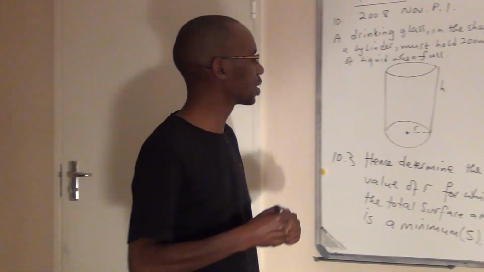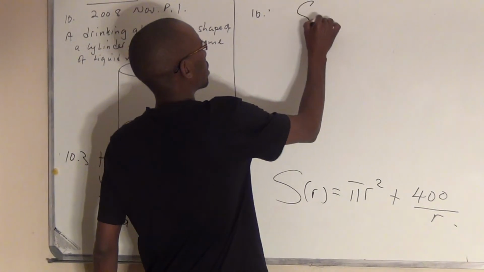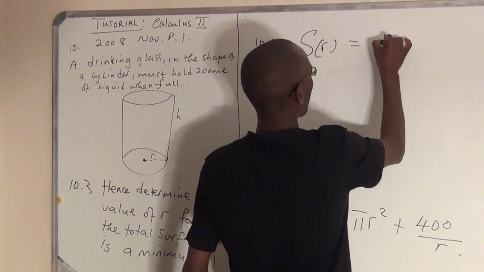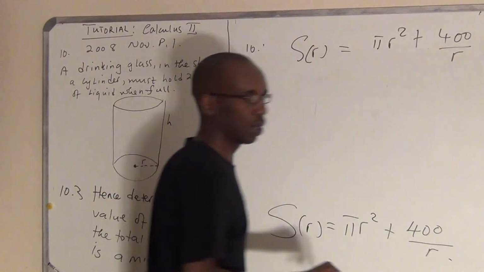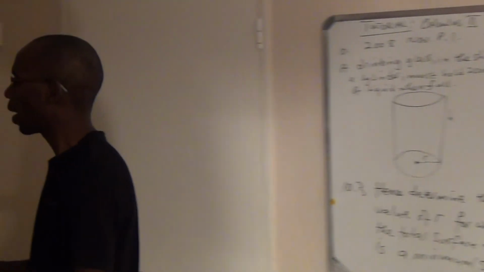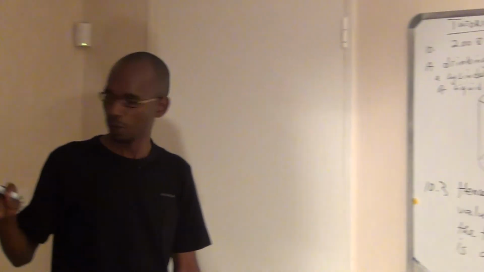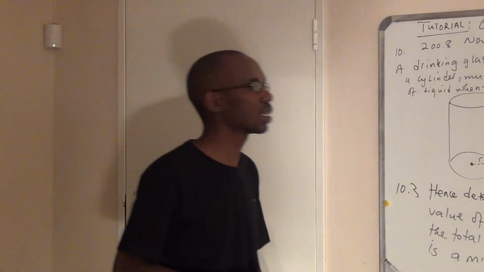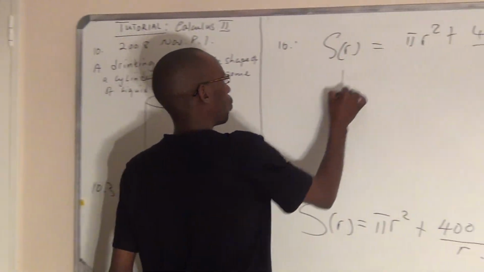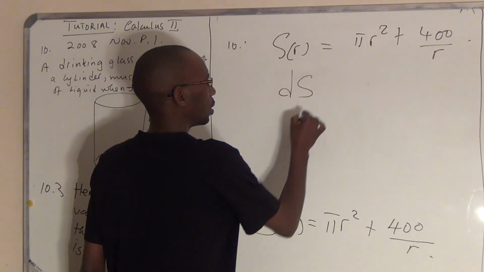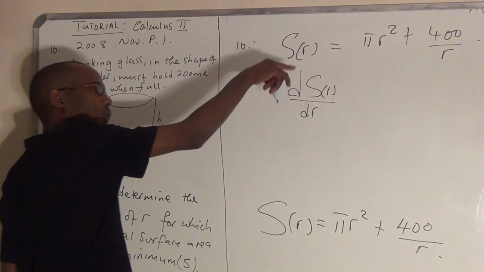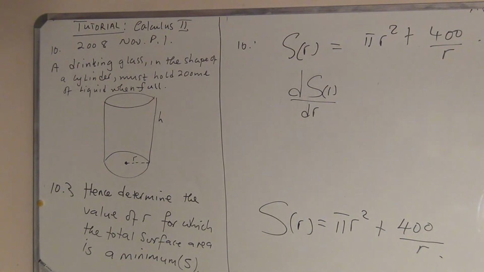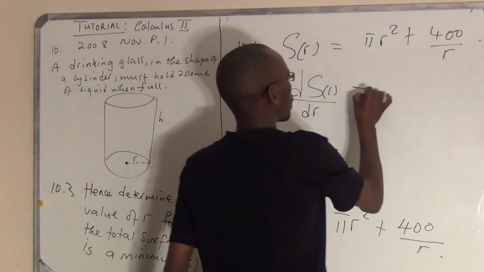So what do we do then? We say, okay, we know that S as a function of r is equal to pi r squared plus 400 over r, right? If we are going to find the derivative, the gradient function of S in terms of r, then we will say dS/dr, because we are differentiating with respect to r. Our independent variable here is r. How do we differentiate?